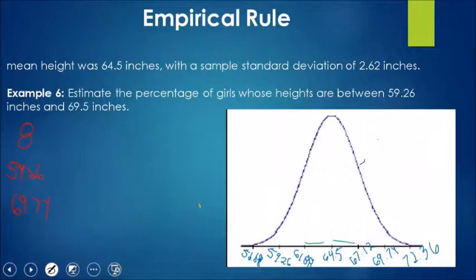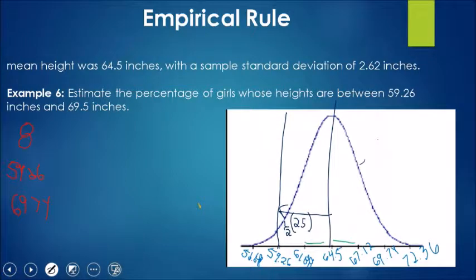On example 8, the 59.26 is right here. Within 2 standard deviations. 2 standard deviations away, if I had it on both sides, is what percentage? 95%. But do I have it on both sides or just one? Just one. So on this side, this is half of 2 standard deviations, and 2 standard deviations is 95%.